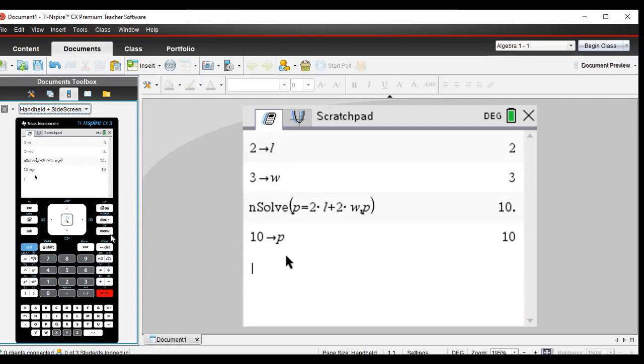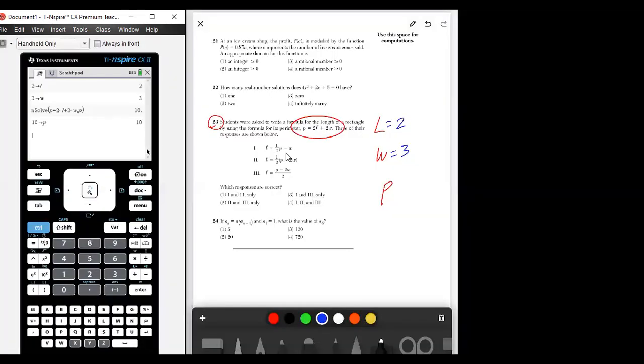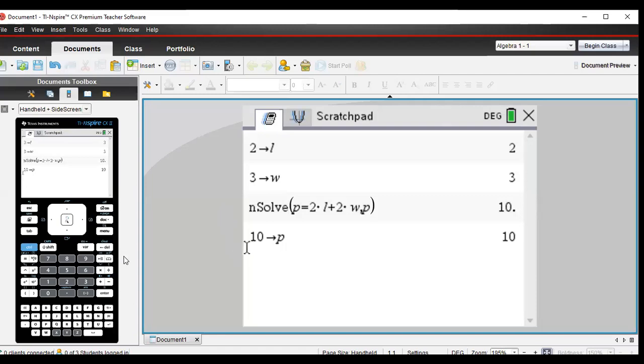So now all I'm going to do is go through each one of the answer choices, key them in, and see if I get a true or false. Let me make this bigger so you can see it better.